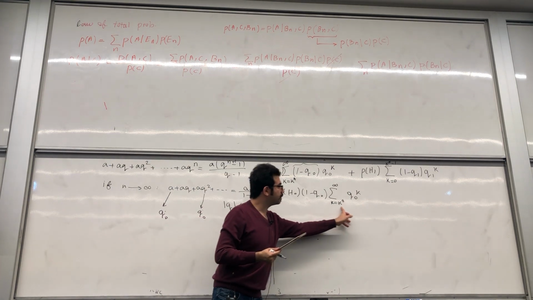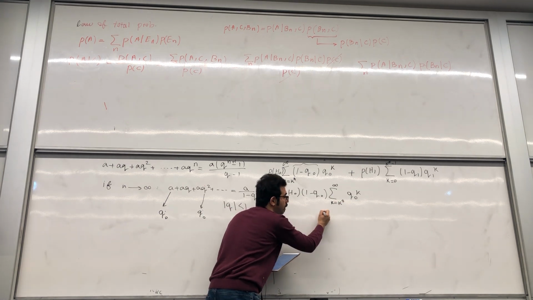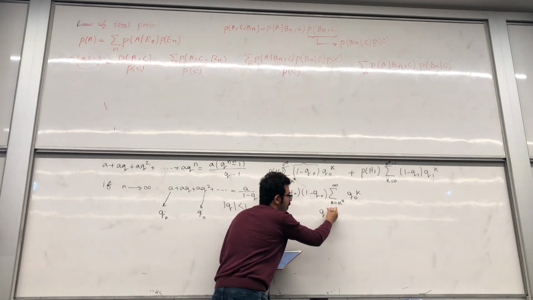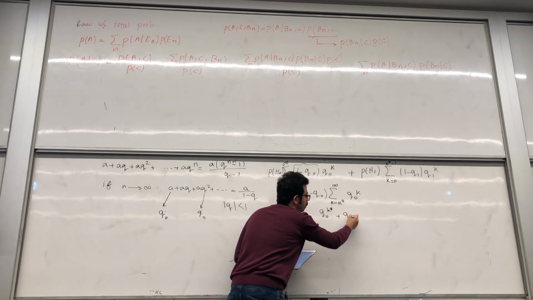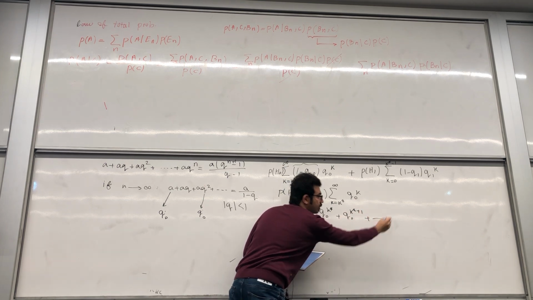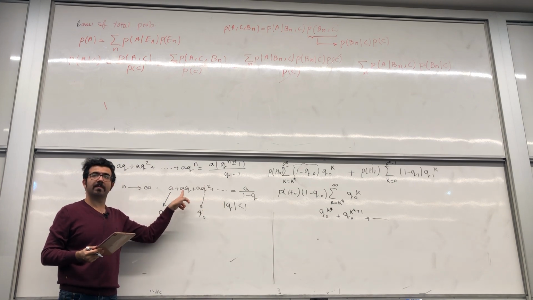Let me write some of the terms for this summation. Starting from K star, it is Q0 to the power of K star plus Q0 to the power of K star plus 1, going to infinity, correct?